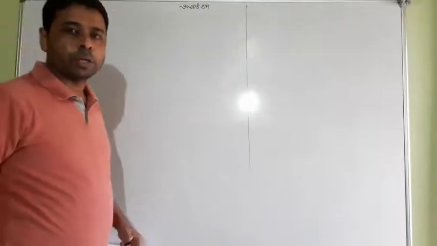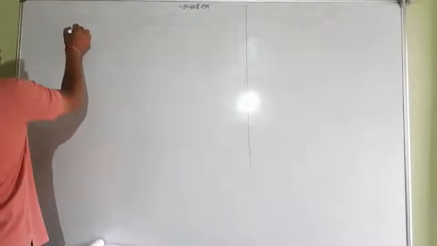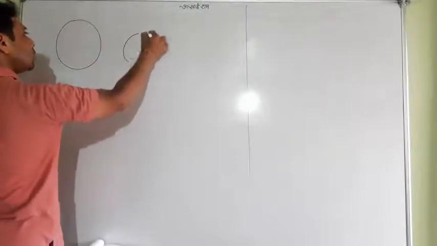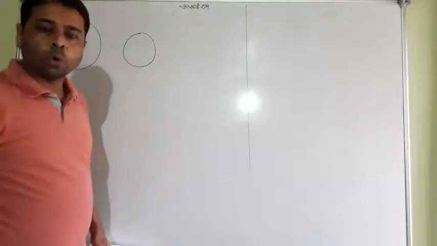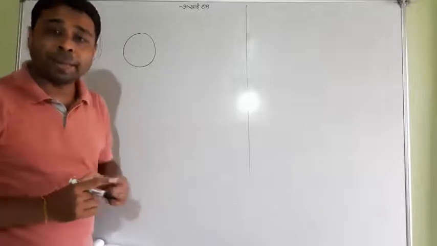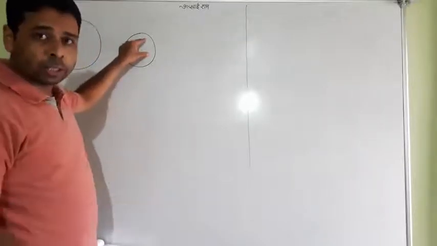Very good question. Actually here there are two circles, one a small circle and the second a big circle. First, arcs of the same length means we have a same-length arc in two different circles.